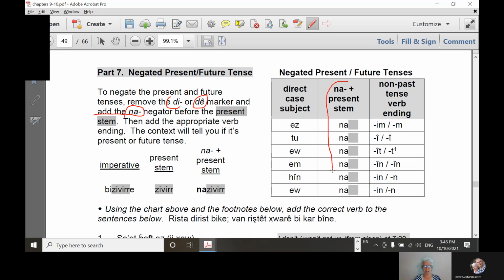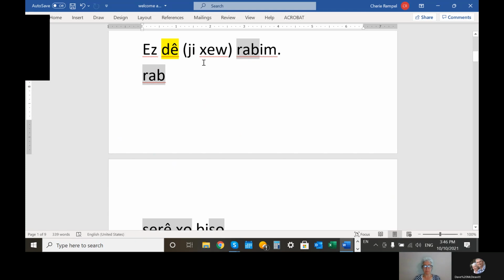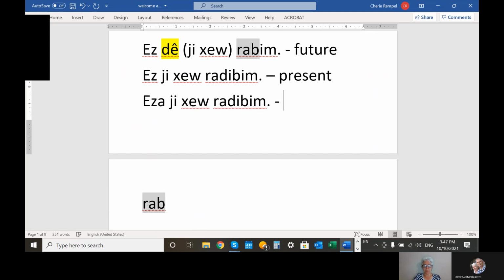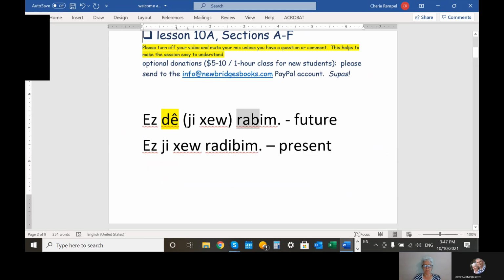So there's your negator that goes right before the present stem. And everything else is the same. So instead of as de schouwrabem, or instead of as schouwradebem, present tense, or za schouwradebem, progressive, all of these can be simply negated with na.